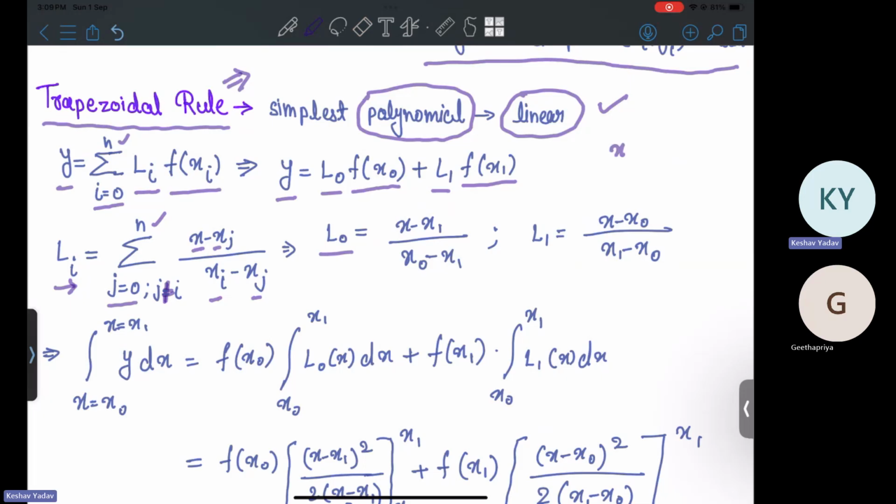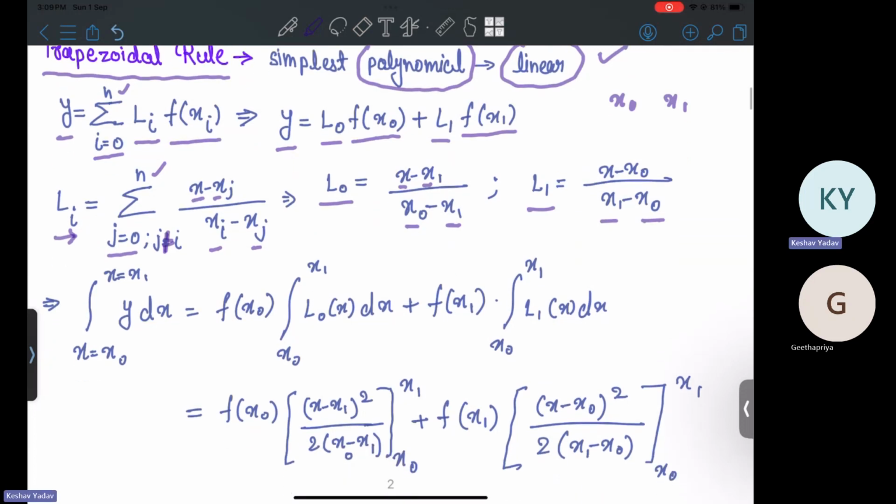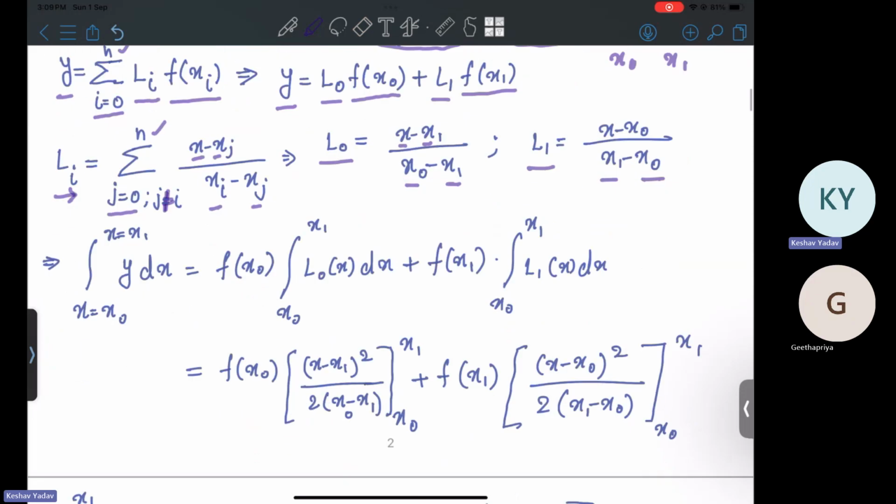Here we have 2 points only, x0 and x1, so j will go from 0 to 1. For the 0 case, j will not be equal to 0, so L0 equals x minus x1 divided by x0 minus x1. Similarly, L1 equals x minus x0 divided by x1 minus x0. So we have found L0 and L1.